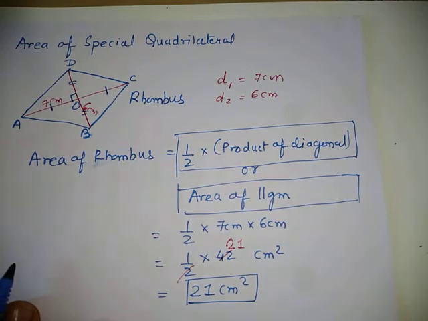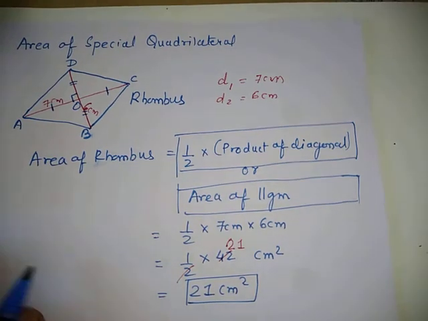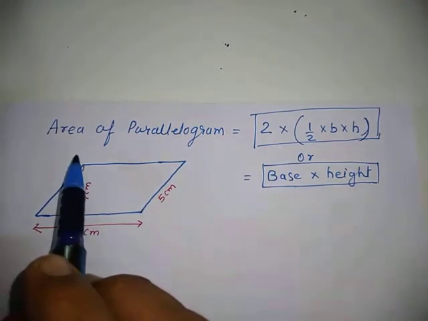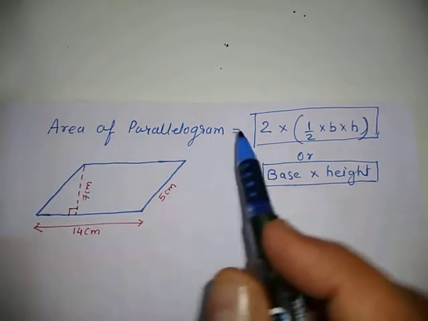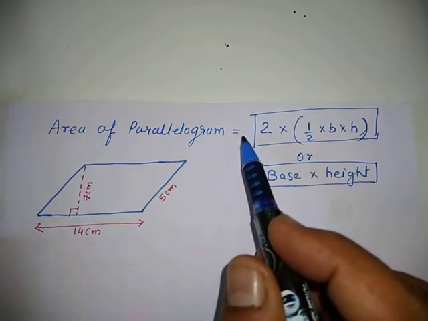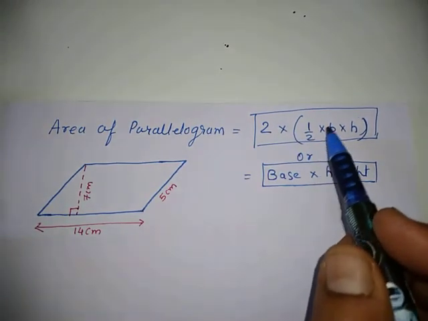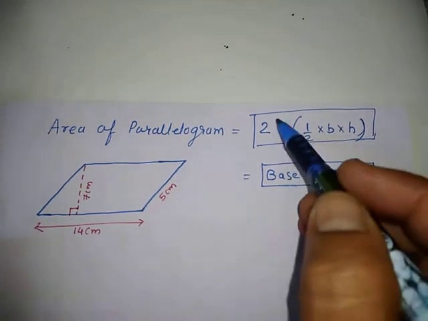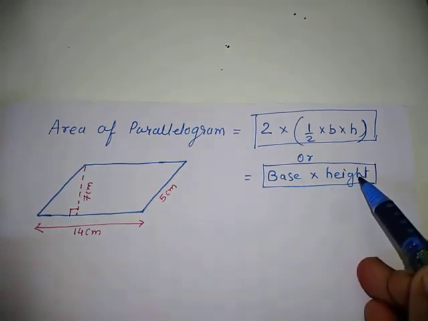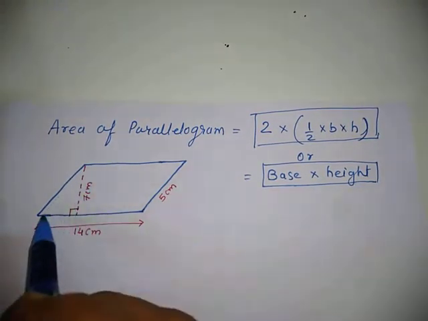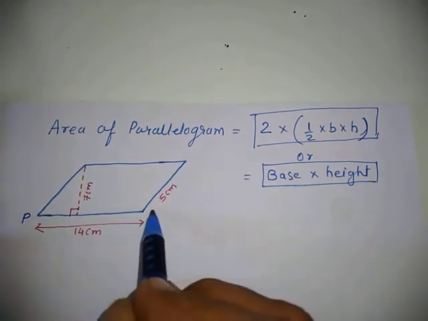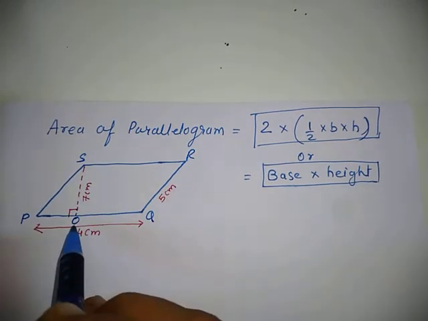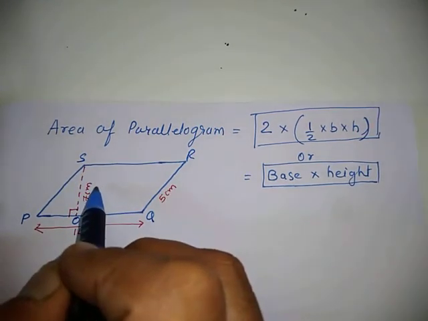Now we proceed to the area of parallelogram. From this we find that the area of parallelogram is 2 multiplied by half into base into height. If these two get cancelled, we will get base into height. In the given figure, this is PQRS and SO is the height or altitude.